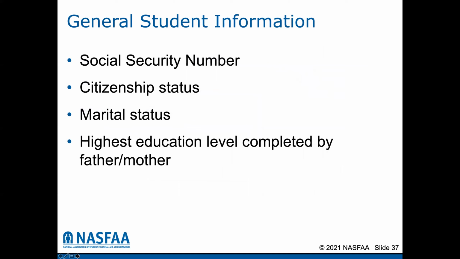So some general student information that you're going to need for the FAFSA are social security numbers. So if you don't have your child's or your own social security card, now would be the time to get the copy. Your citizenship status, your marital status, and your highest education level completed by your father or your mother.